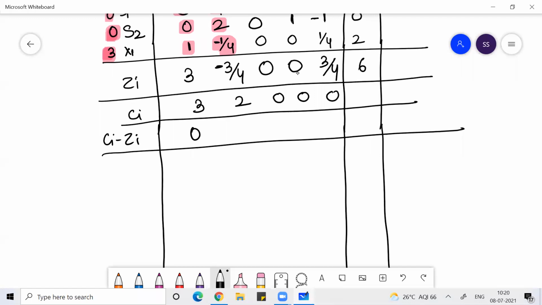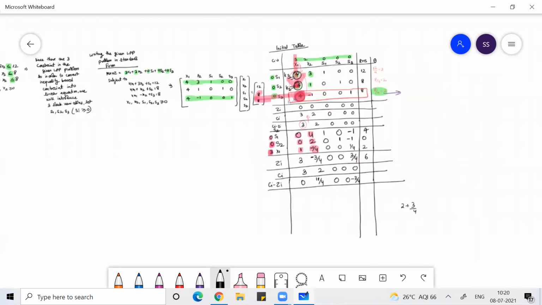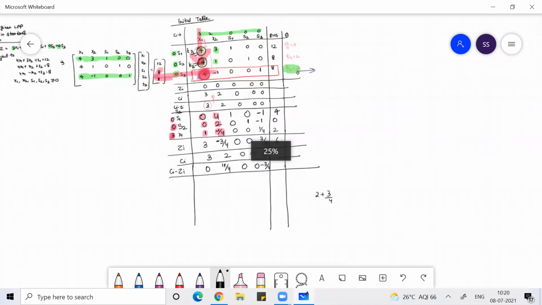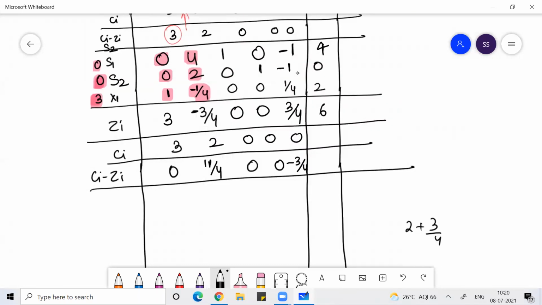So 2 plus 3 by 4 means 11 by 4. This is 0. This is 0 minus 3 by 4. This is the Ci minus Zi value.